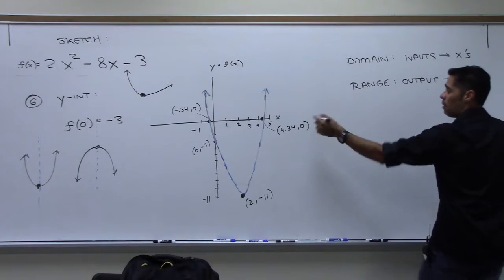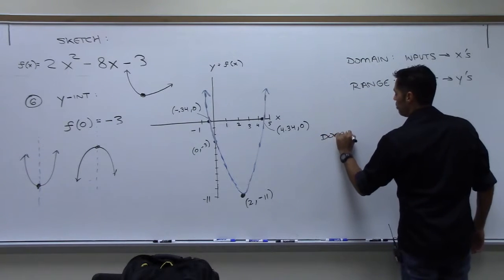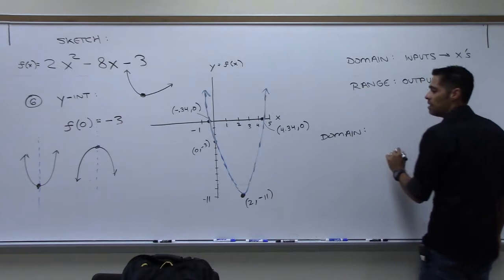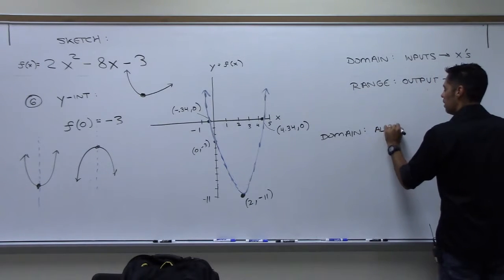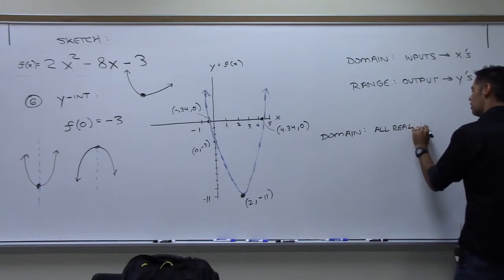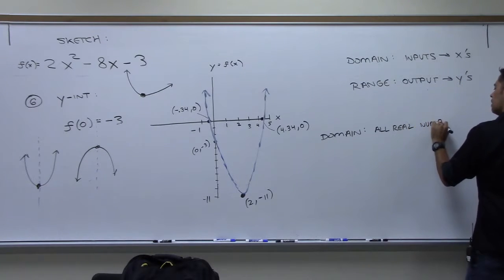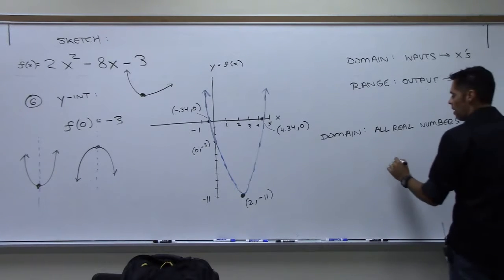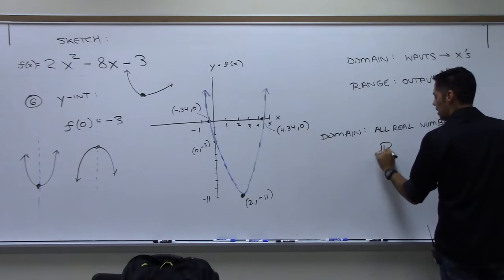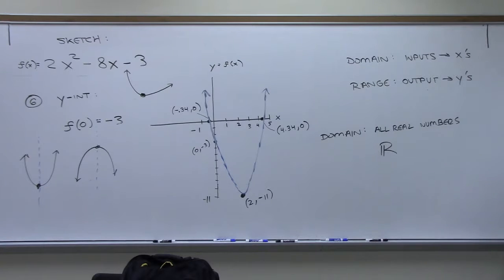So when it comes to this problem, the domain of it, and the domain of all parabolas, is going to be all real numbers. Now there are several ways to say this. That's one way. Another way is to write, I don't know if you've ever seen this, a double struck capital R. That means all real numbers.